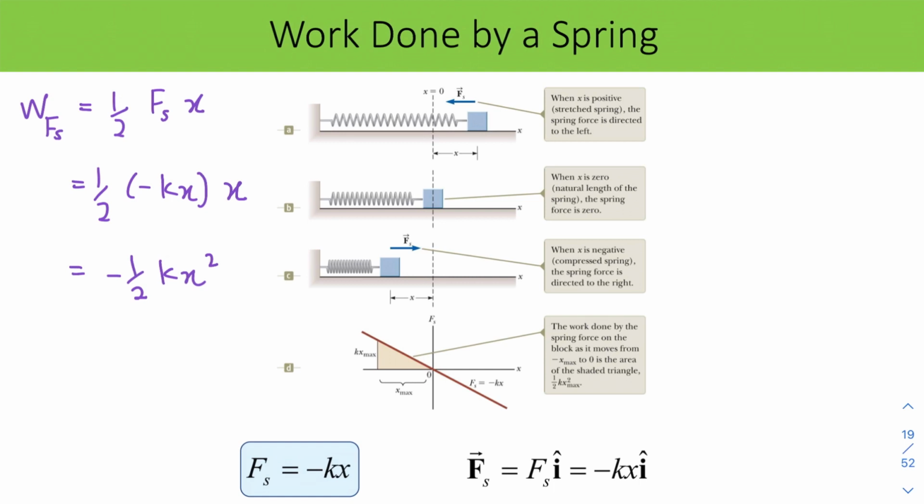And bear in mind all the time that our Fs is a vector. So from Hooke's law here, it has only an x or i component.